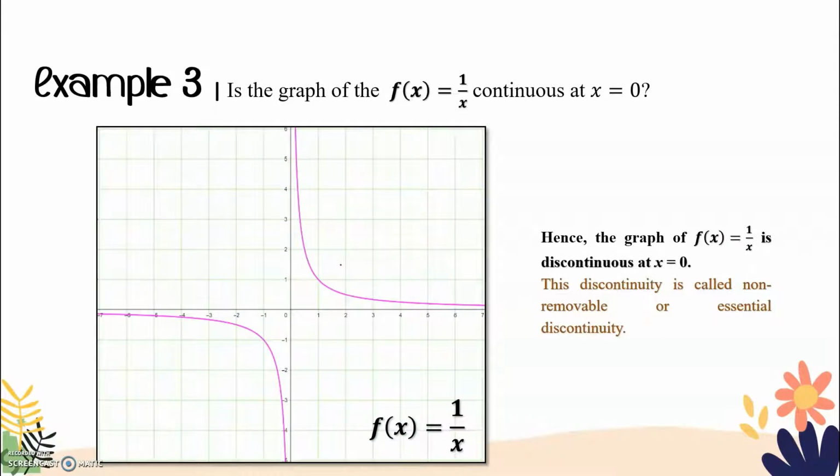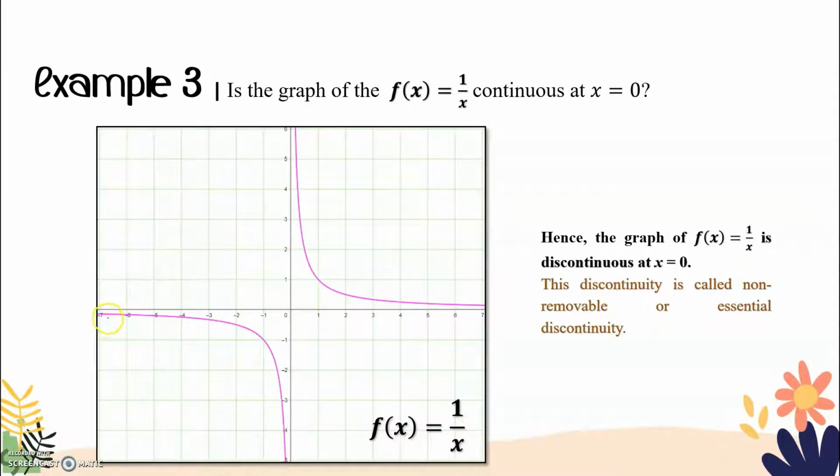Is the graph of f of x equals 1 over x continuous at x equals 0? We can see here in our graph that f of x equals 1 over x has vertical and horizontal asymptotes. At a glance, we can see that x equals 0 is the vertical asymptote of our graph.